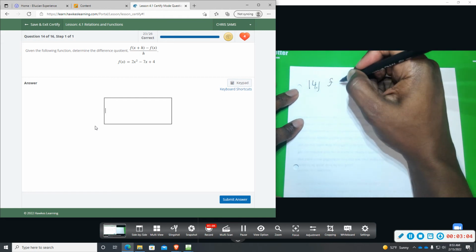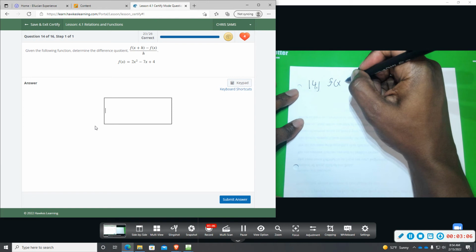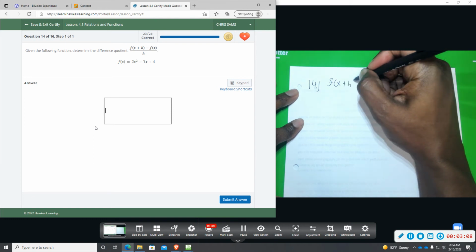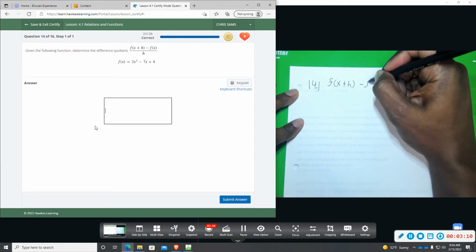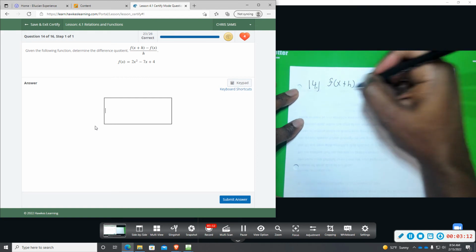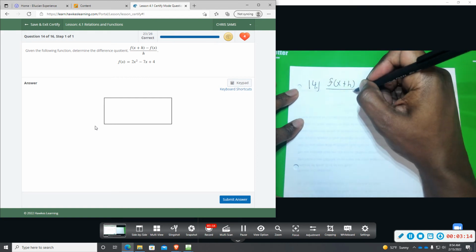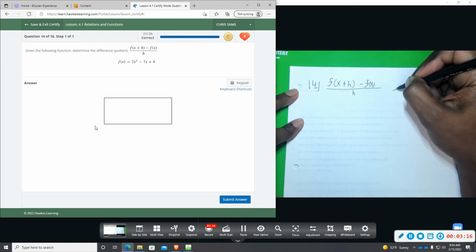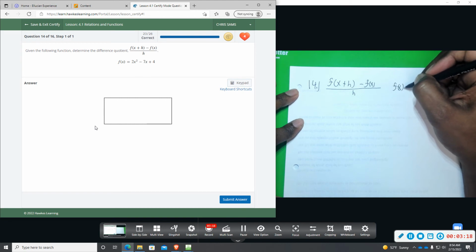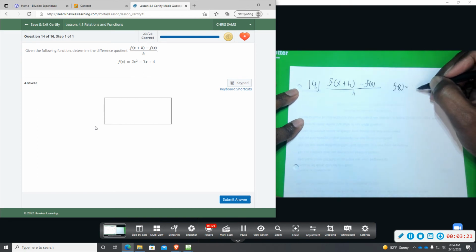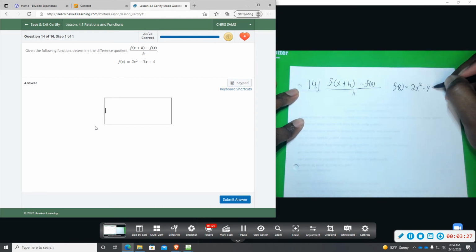I'm going to write it down again. f of x plus h minus f of x, all divided by h. And then we have f of x, 2x squared minus 7x plus 4.